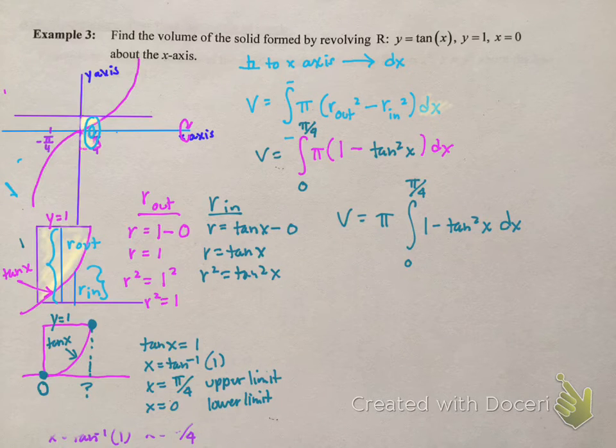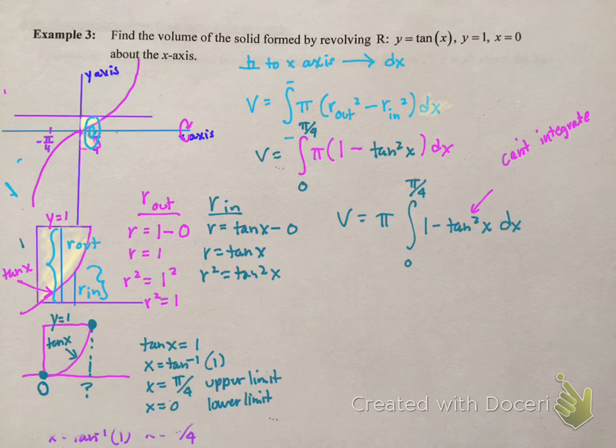So now it's time to integrate. And when I look at this, I know I don't have any integration rules for tangent squared x. And I cannot use substitution, because if I take the derivative of that, that is not going to even be close to the leftover of dx. So I just have to be clever with this. I'm just going to make a little note. I can't integrate this.